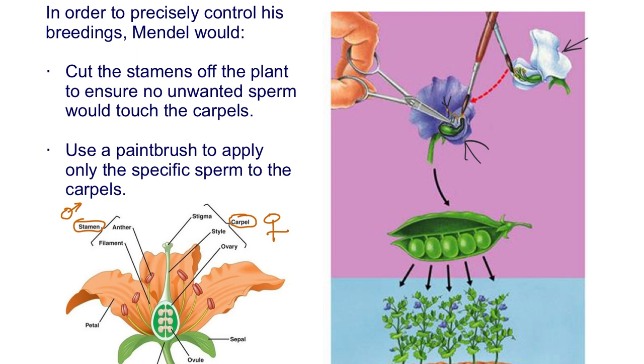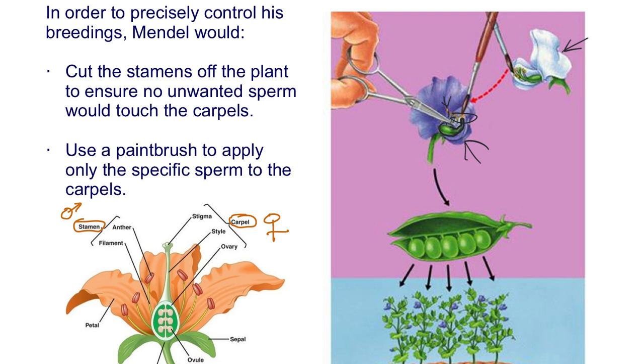And he went to another plant with a different trait, like white flowers, and he used a little paintbrush to brush off the pollen and transfer it to the stigma, the sticky part of the pistil, so that he controlled who mated with whom this way.